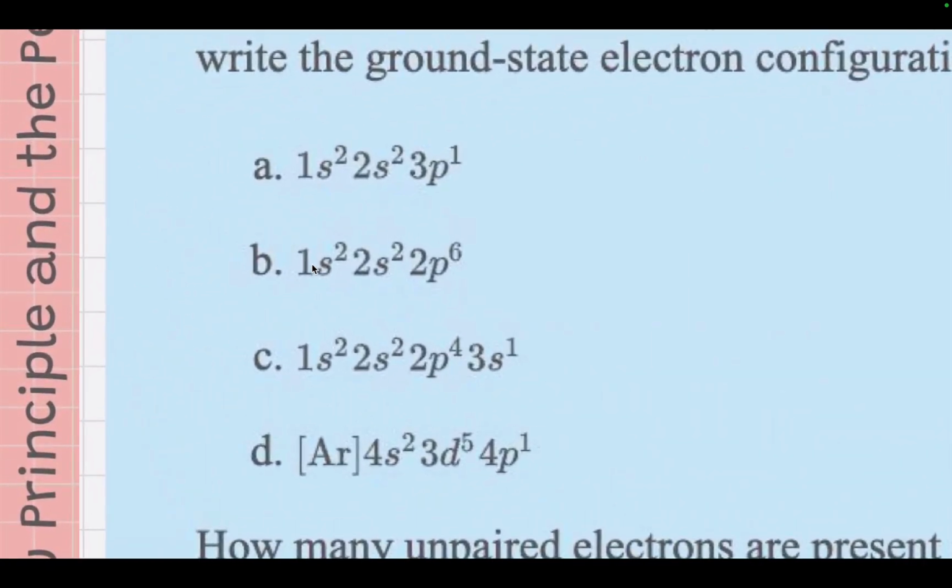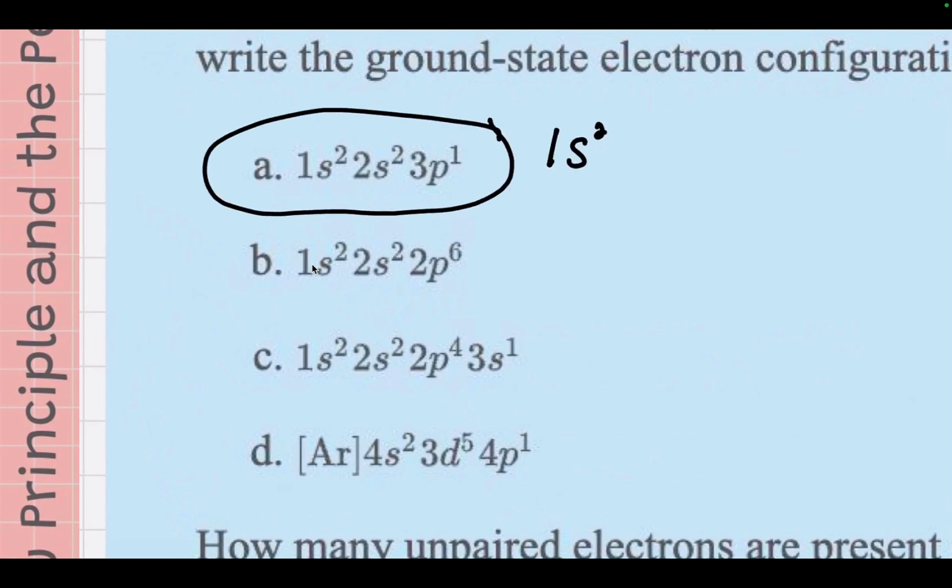So this first one, this one is excited, because it should go 1s2, 2s2, 2p1. So it skipped the 2p's and the 3s. So the electrons are excited, they gained energy, and they're at a higher energy orbitals. This one, letter B, is not excited.